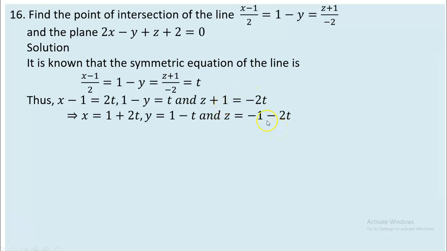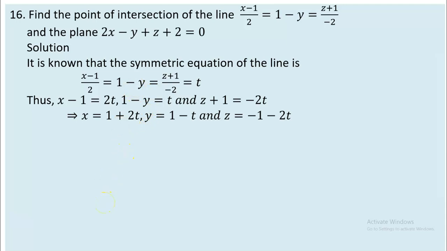Now students, like you have been told, the line intersects the plane at one point. So at the point of intersection, the point must satisfy not only the line but also the plane, because it is a common point.